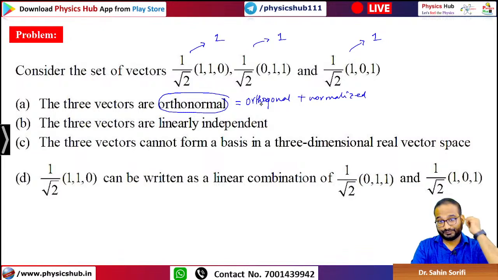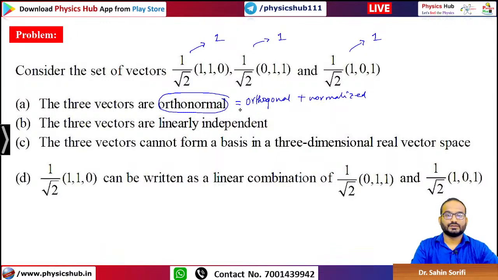If you take the dot product, are they orthogonal? No, they are not orthogonal.